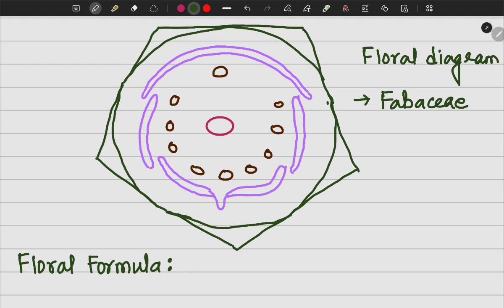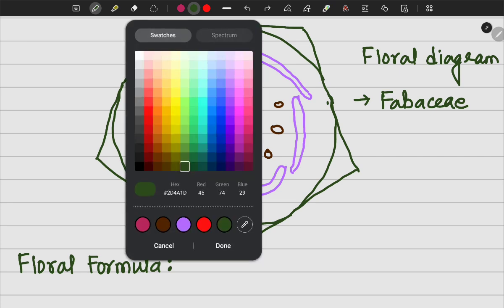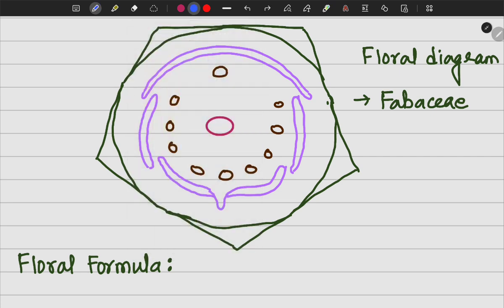And this flower does not look actinomorphic or does not possess radial symmetry, so it is a zygomorphic flower, or it has bilateral symmetry. Since it has both the reproductive organs, androecium and gynoecium, it is a bisexual flower.